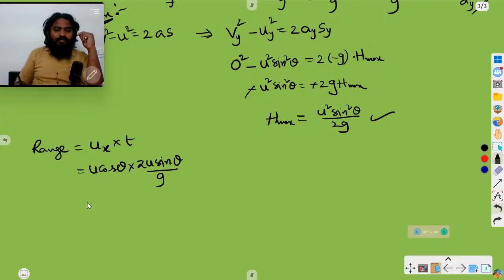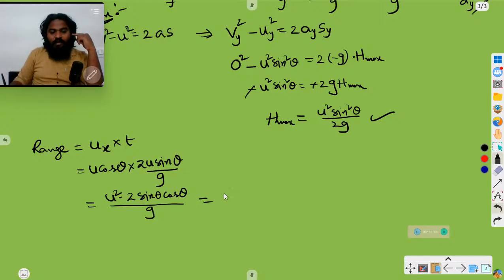So now u square into 2 sin theta cos theta by g. Here 2 sin theta cos theta is nothing but sin 2 theta, so u square sin 2 theta by g.